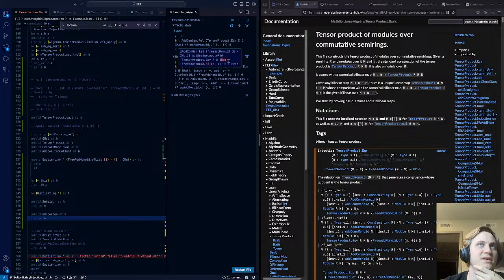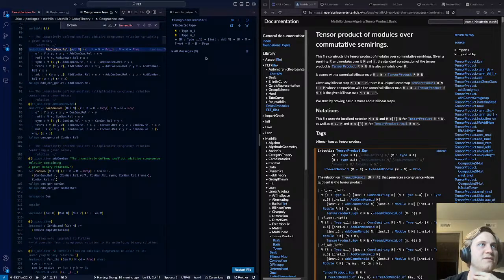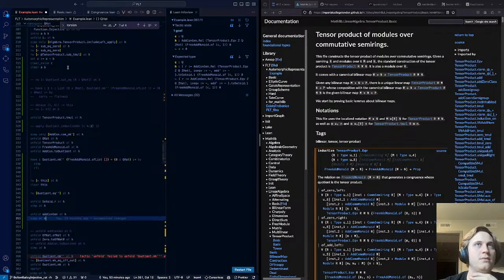Add_congen rel, this is the thing that is explicitly defined. Yeah, it has a nice definition, nice inductive definition. And tensor product equiv, pre-add monoid of.